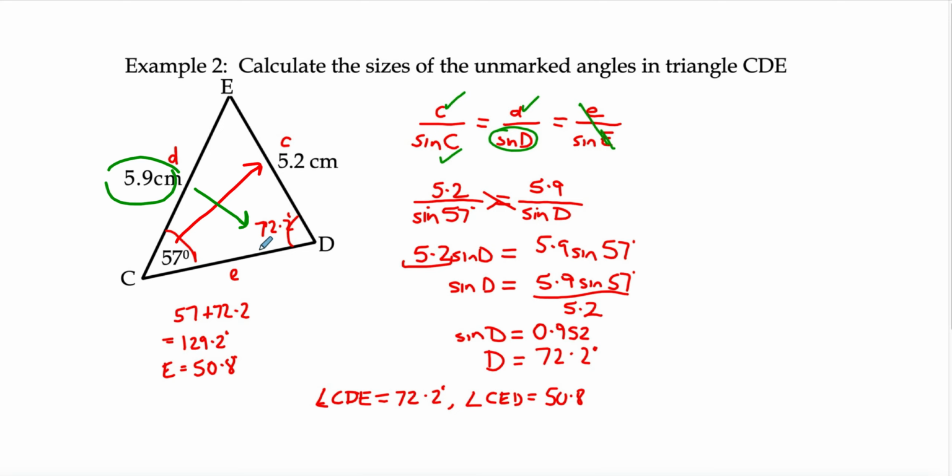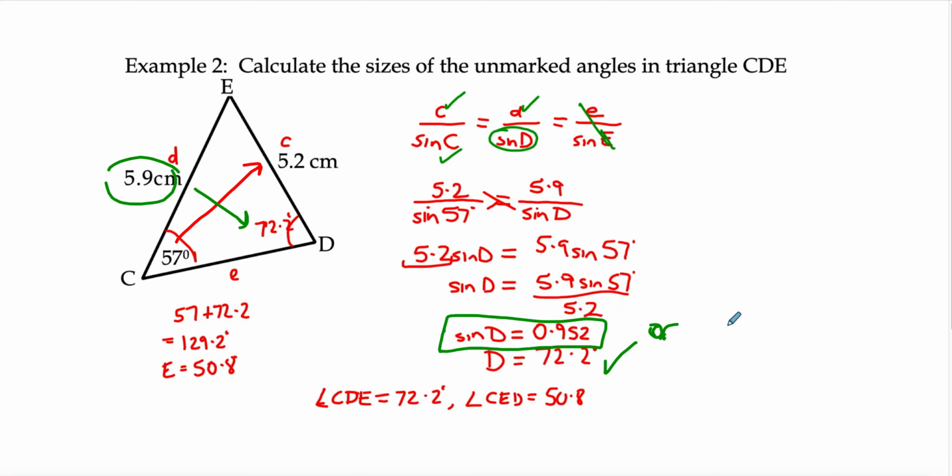That works quite well. Okay, but if you have a look here at sine D is 0.952. We trusted our calculator that the inverse sine of 0.952 was indeed 72.2, and it is. The only problem is there is another angle whose sine is 0.952. Okay, you might not be aware of it.